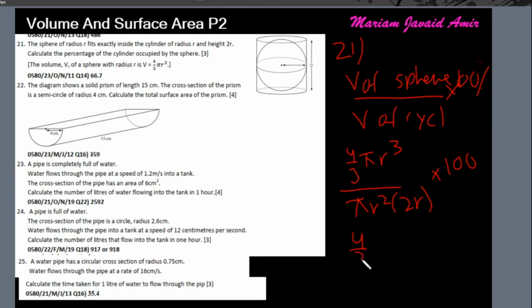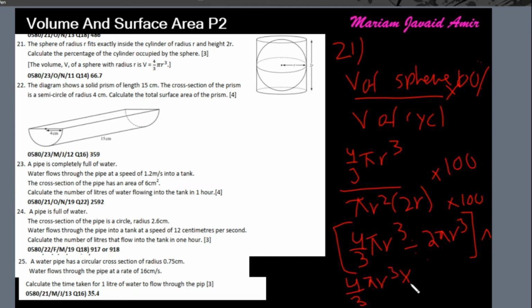So this becomes 4 over 3 pi r cube divided by 2 pi r cube, times 100, which becomes 4 over 3 pi r cube times 1 over 2 pi r cube times 100.